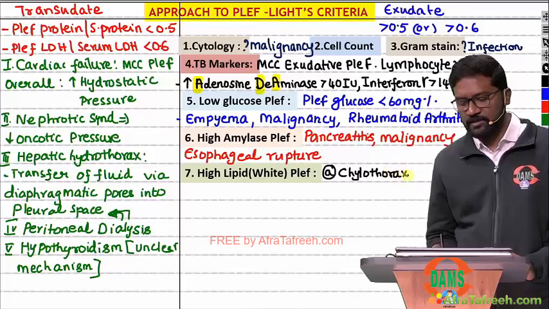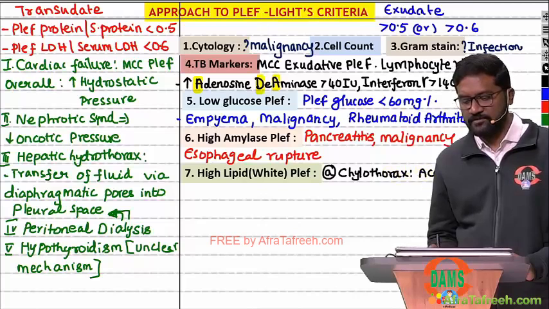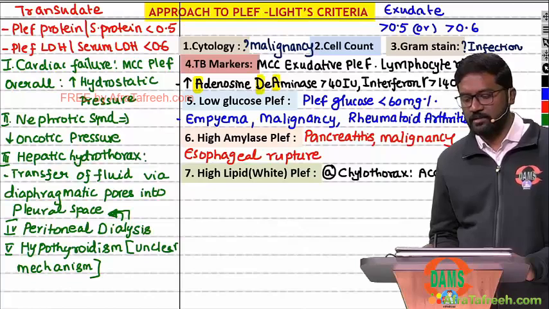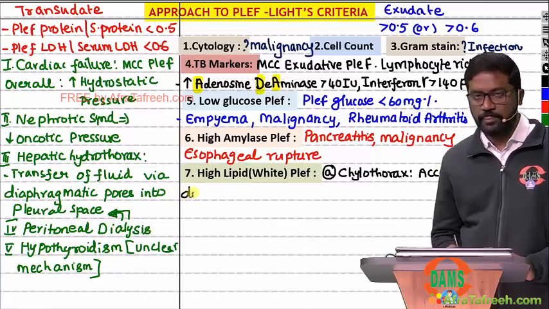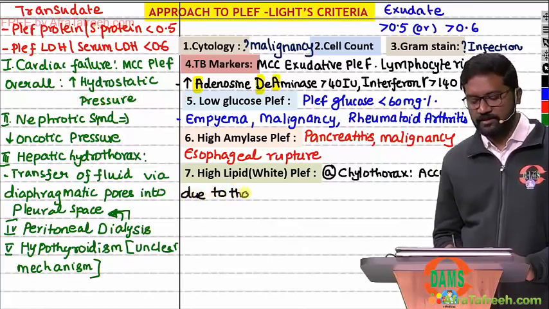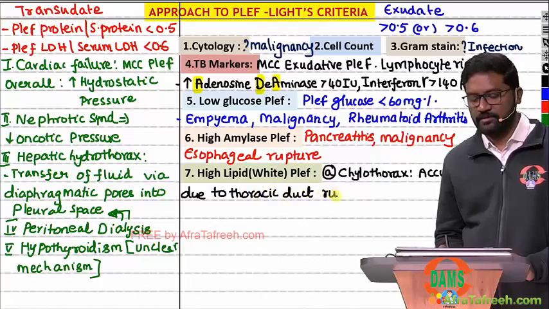This is accumulation of chyle due to thoracic duct rupture.